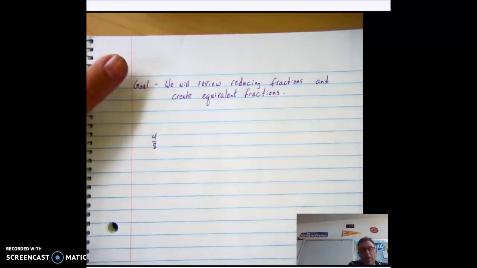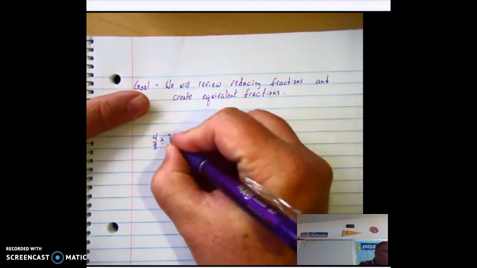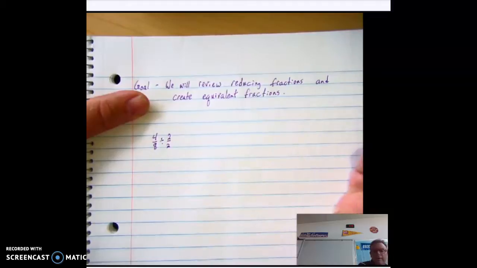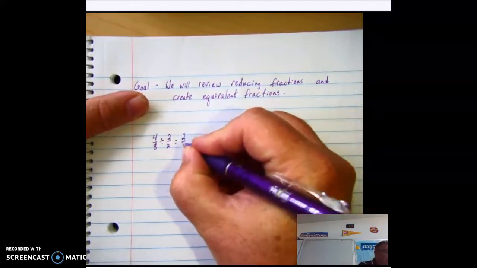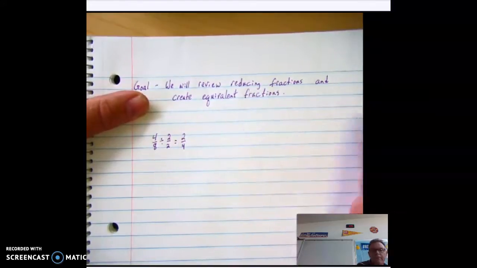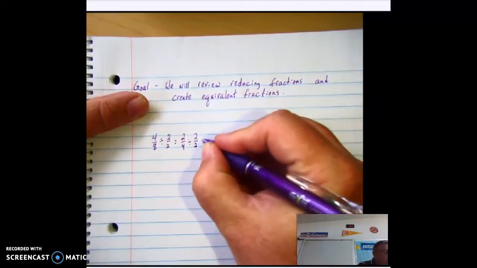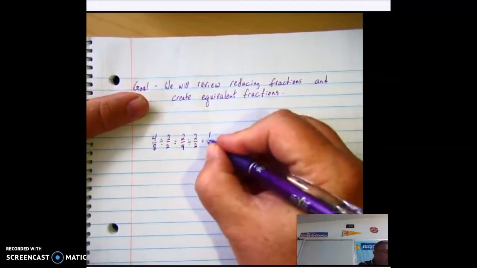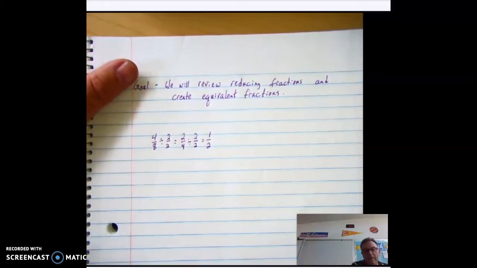We just spent time working on greatest common factor. So you could divide this by 2/2, because both of them are even numbers, and that would give us 2/4. I can then divide that by 2/2, and that's going to do 1/2. So it's the same thing as 1/2.